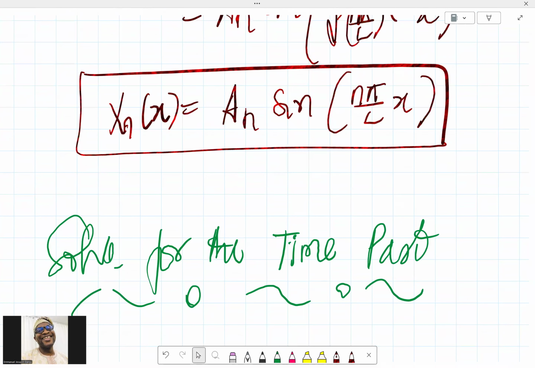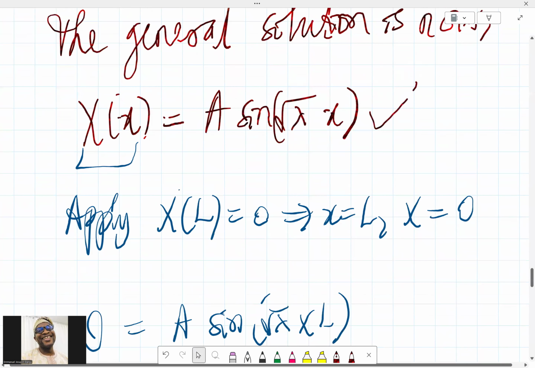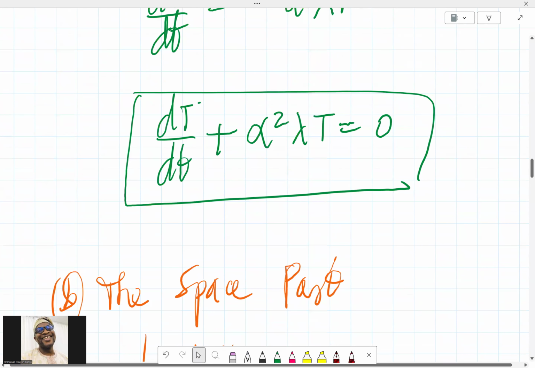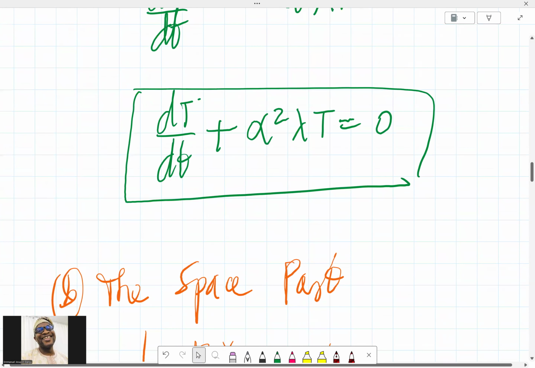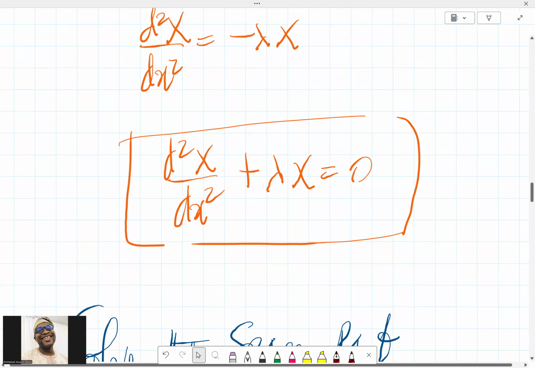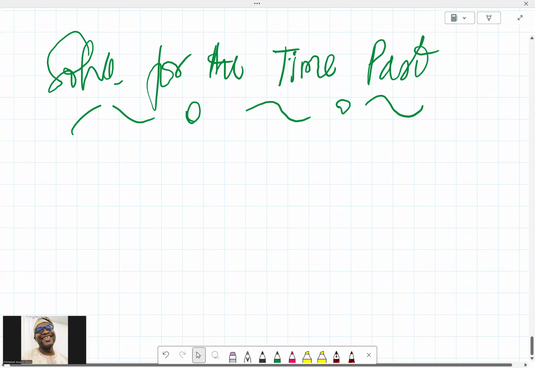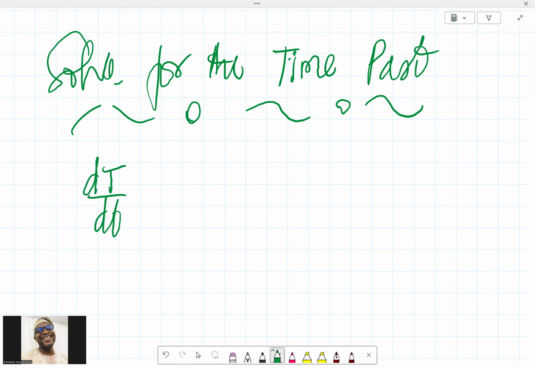So don't forget the expression we had, it is up here: T prime plus alpha squared lambda T equals 0. But now that we know that it's all about the n's, because we have an oscillation happening, it means we now have T prime plus alpha squared, instead of just lambda, we have lambda n, T equals 0.